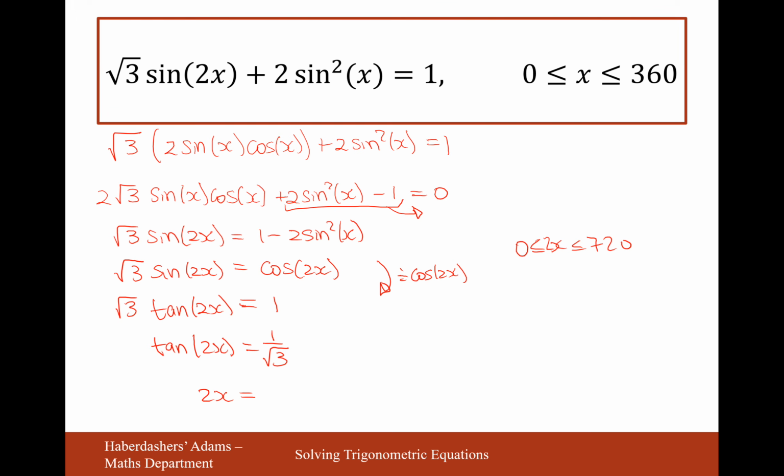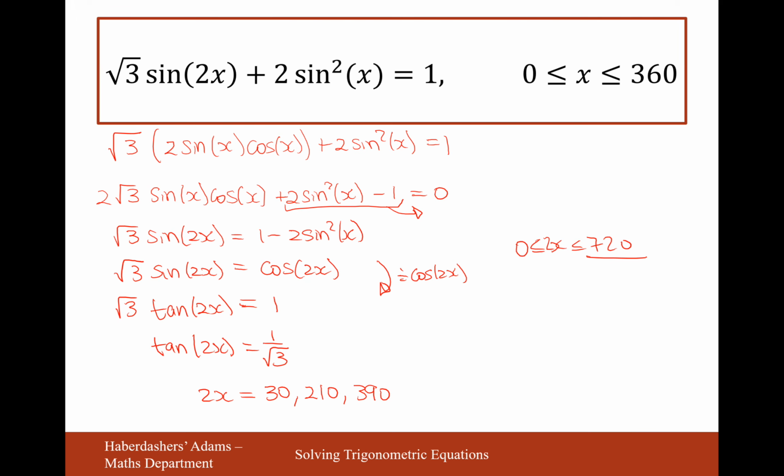So calculator in degrees mode, tan inverse 1 over root 3, and we get 30 degrees. And then for tan solutions, you just add 180 each time. So add 180, then add another 180 to 390. Still inside the range, we need to go all the way up to 720.